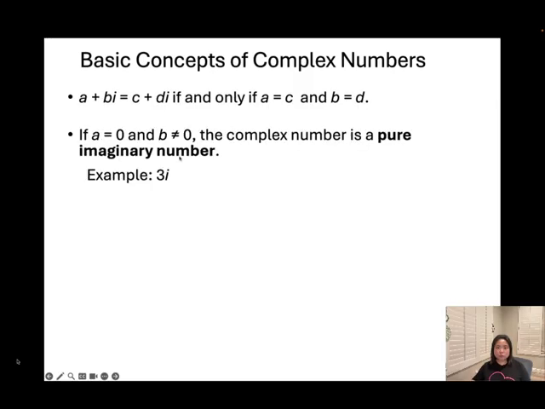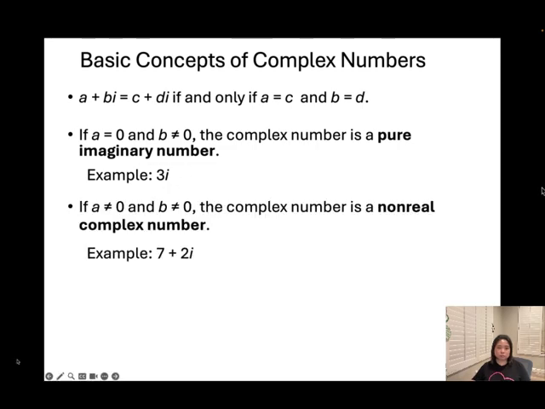If a equals 0 but b is not equal to 0, then we say this complex number is a pure imaginary number, for example 3i. If a and b are both not equal to 0, then the complex number is a non-real complex number.